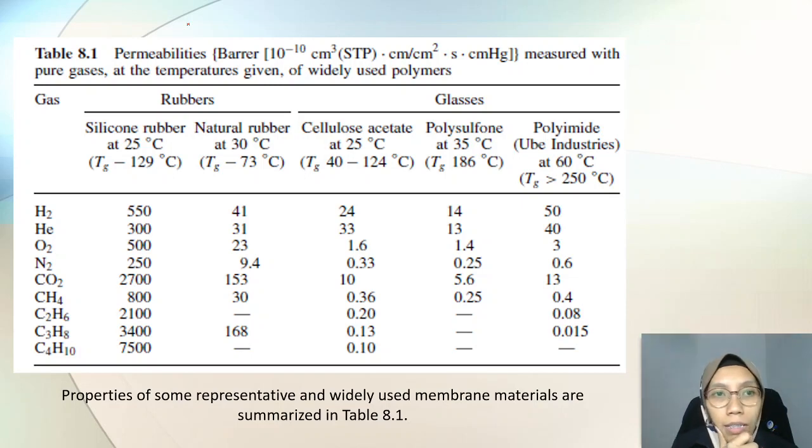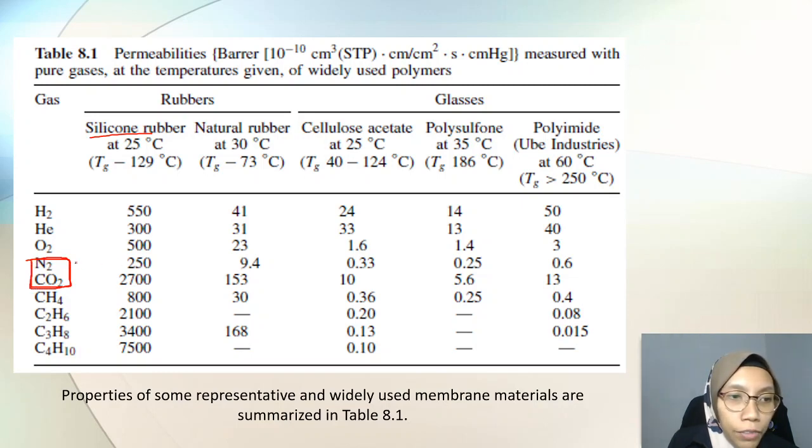This one is an example of the permeability of rubbery and also glassy material. One example is silicone rubber, which falls under rubbery polymer. We are talking about N2 and CO2.